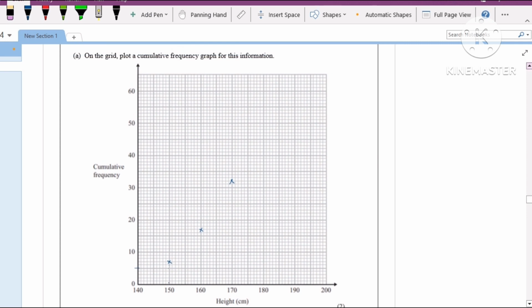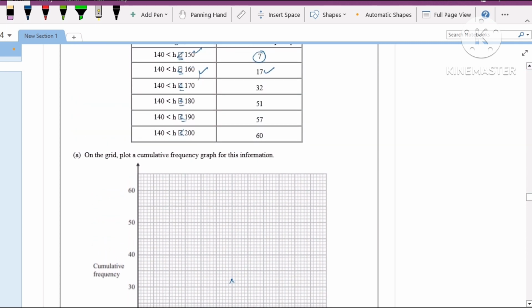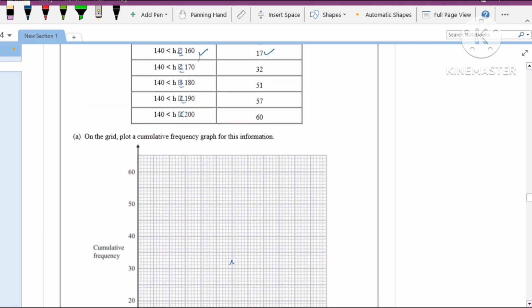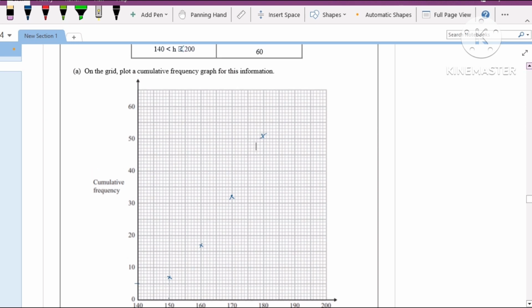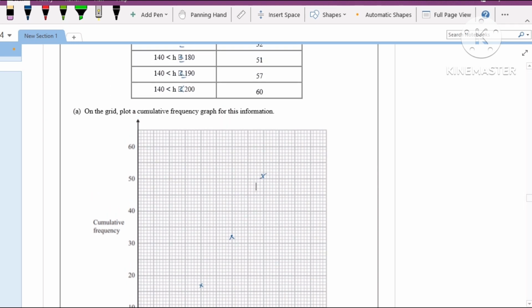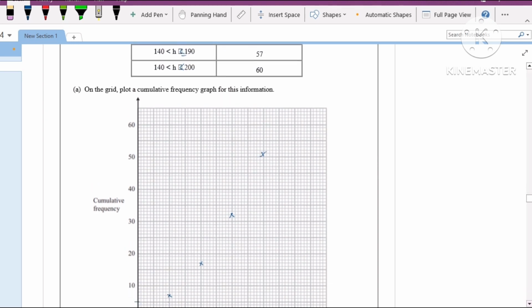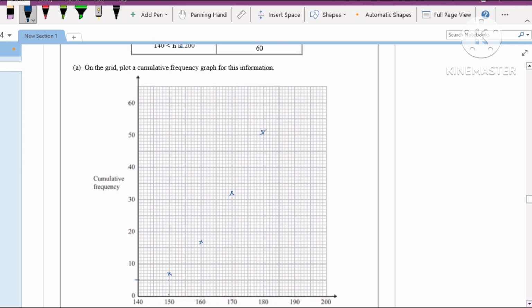The next point is 180 and 51. This is a point. And the next point is at 190 and 57. This is 190 and 57.